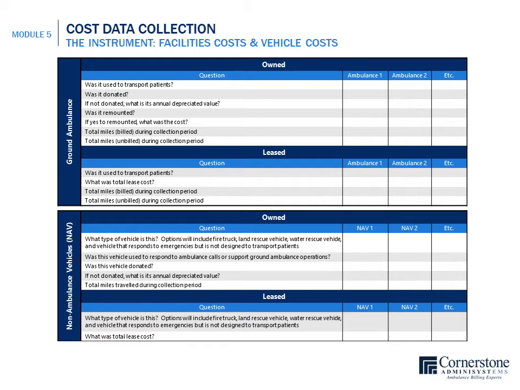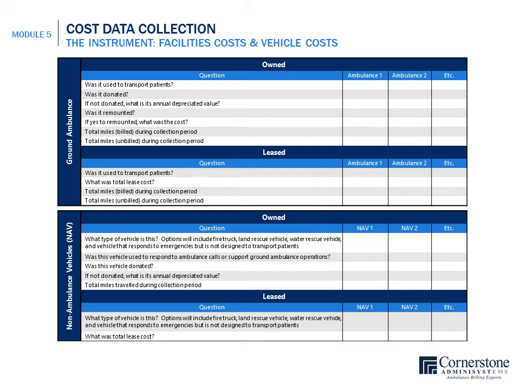And then in the non-ambulance vehicle section, CMS will break that down by owned and leased again. And so if you own a non-ambulance vehicle, CMS will ask, well, what type of vehicle is this? And options will include a fire truck, land rescue vehicle, water rescue vehicle, and a vehicle that responds to emergencies but is not designed to transport patients.